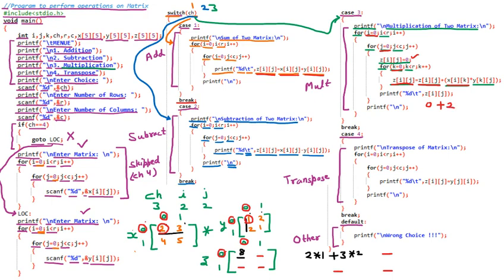So 2 will be here plus, when it will go back and k will be incremented, then what will happen? K is this one, so it will multiply 3 into 2. So 3 and 2 will be multiplied. 3 and 2 is 6. So total sum will be 8. So 8 will be taken.